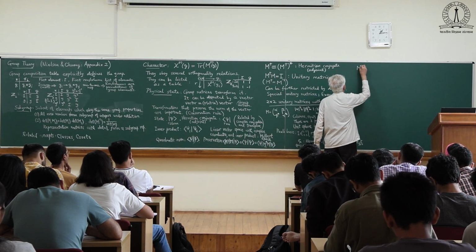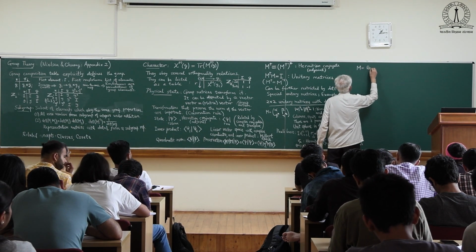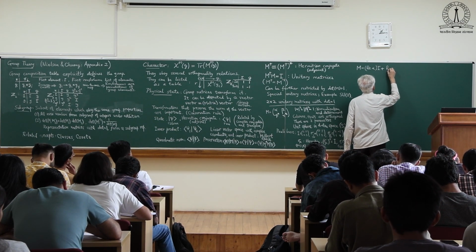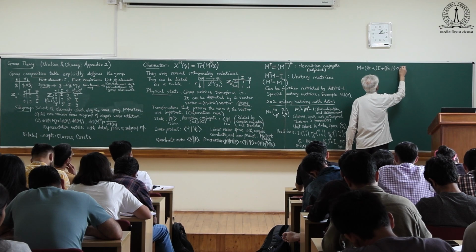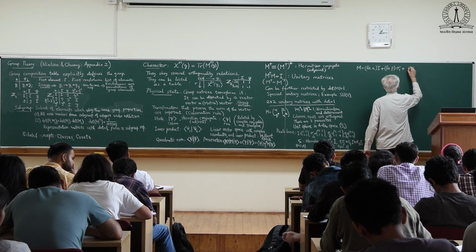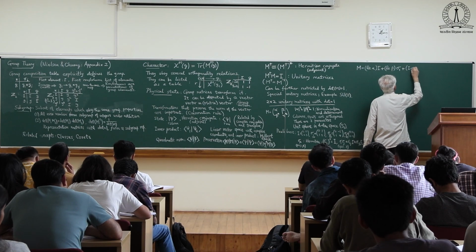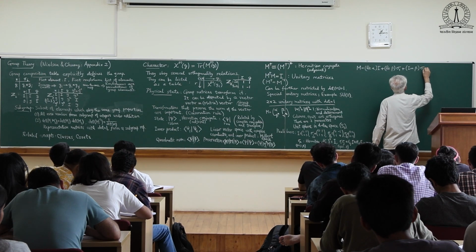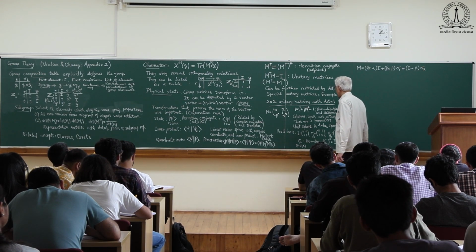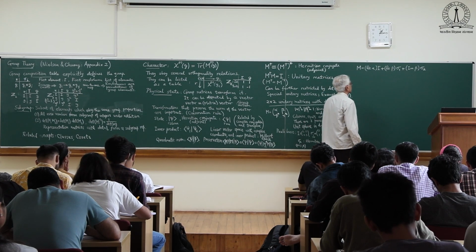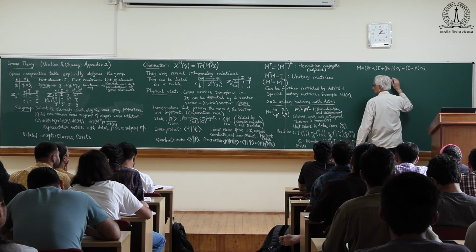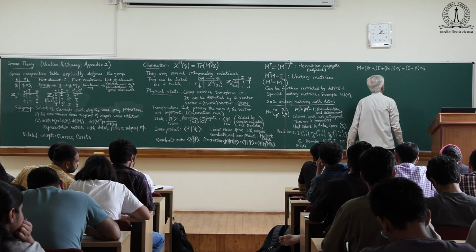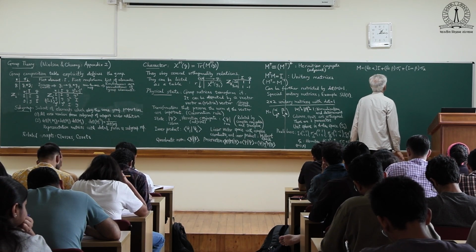So M is equal to real part of alpha times I plus real part of beta times sigma 1 plus imaginary part of beta, with a minus sign, and there is an i here. Okay, that is how we define the imaginary part, or not, doesn't matter.